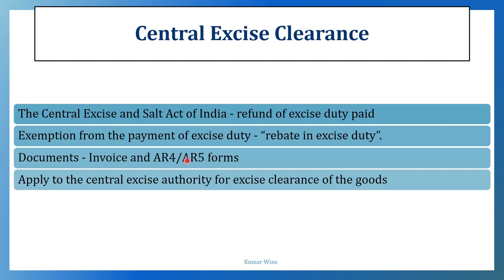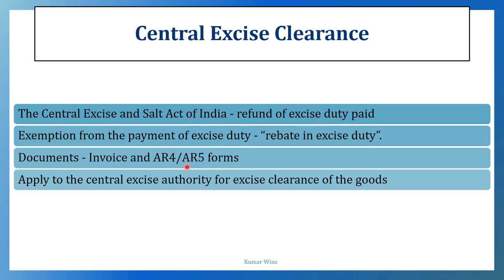If there is such a case, the exporter has to submit 6 copies of AR4 or AR5 forms to the superintendent of central excise. Again, which superintendent of central excise? Very clearly, the one who has jurisdiction over the premises of the exporter.